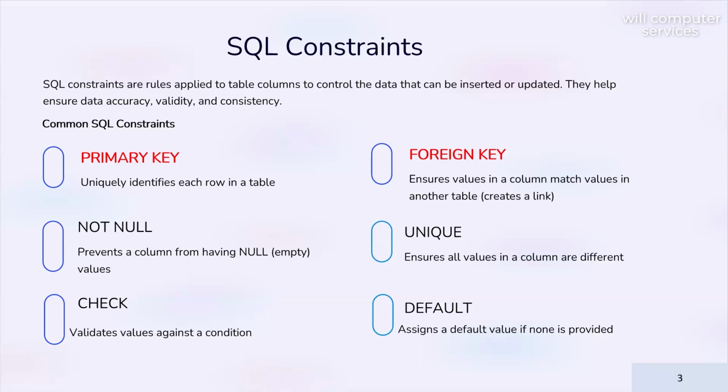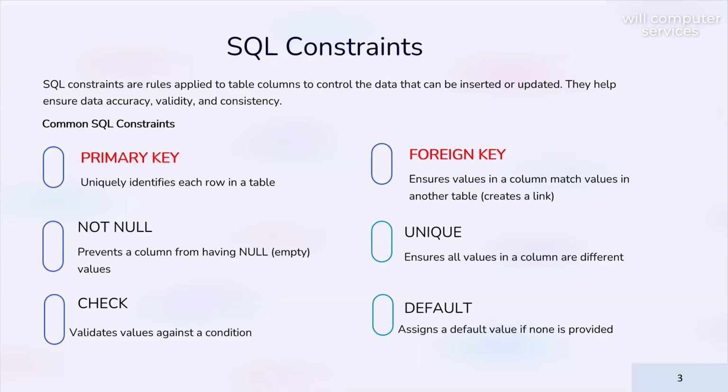So what is the primary key? The primary key uniquely identifies each row in a table, and the foreign key ensures values in a column match values in another table. What does it mean?